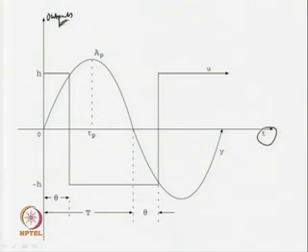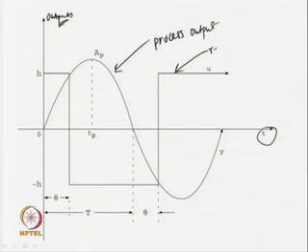Here we have got the process output subjected to relay feedback. This is the process output. And what about this one? This is the relay output. So, corresponding to the symmetrical or ideal relay, you have got a symmetrical process output and a symmetrical relay output.